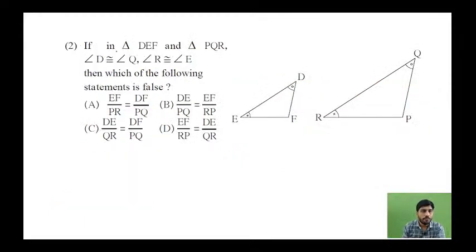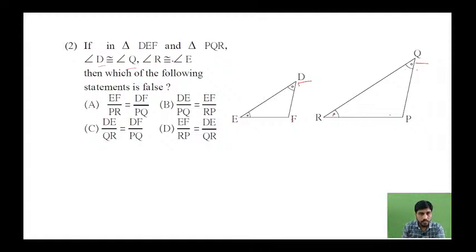Second question is, if in triangle DEF and triangle PQR, angle D is congruent to Q, means D and Q are congruent.